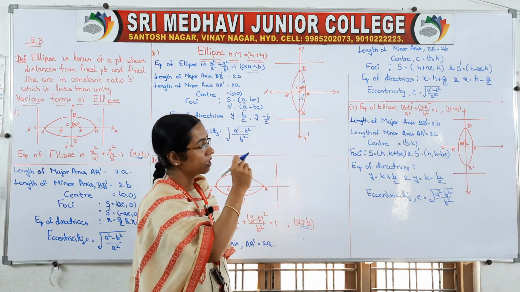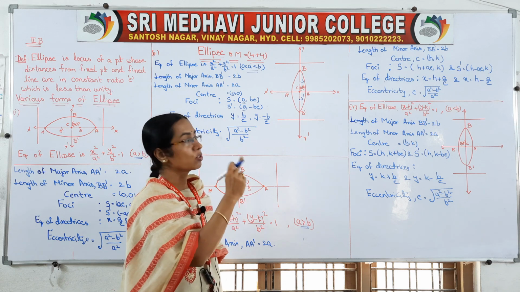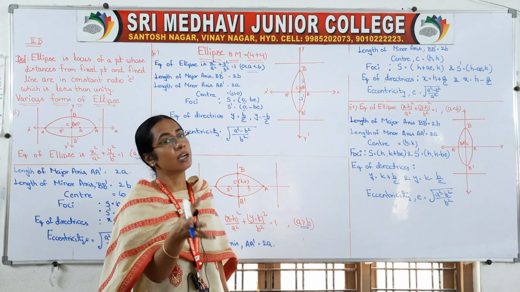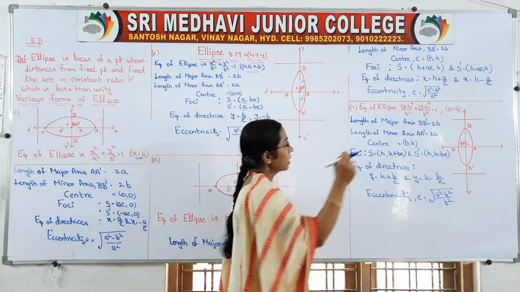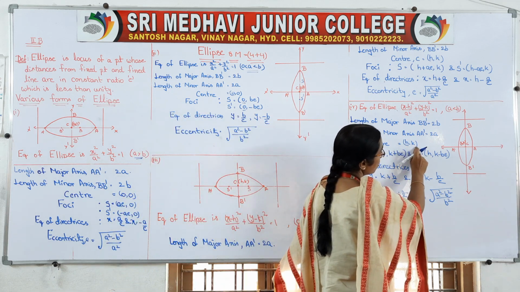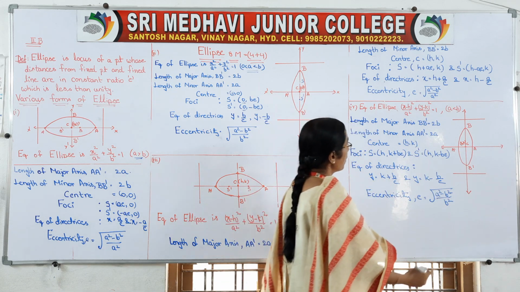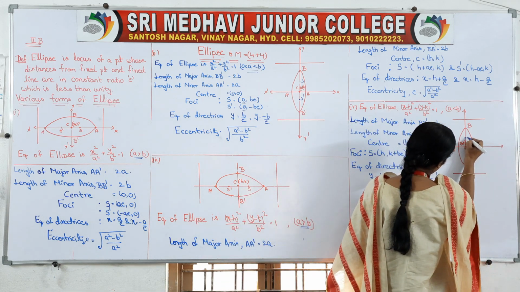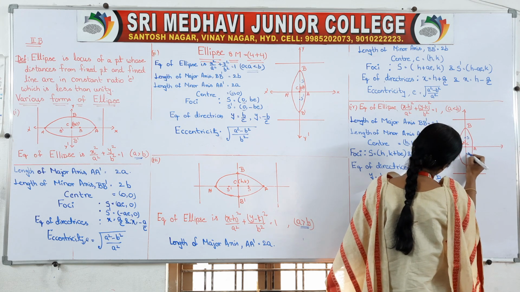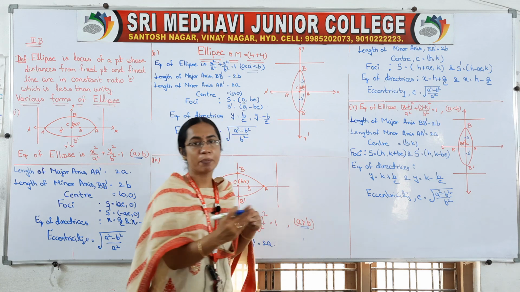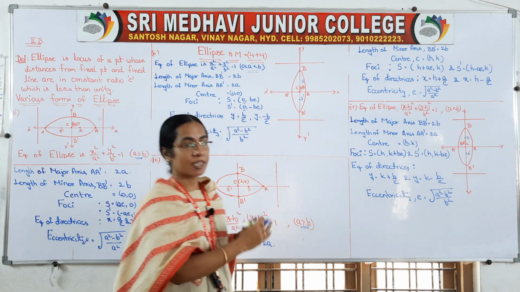Whenever (x minus h) whole square by a square plus (y minus k) whole square by b square is equal to 1 is the ellipse equation, the center will be (h, k). Foci S and S dash maintain the same distance from the center.